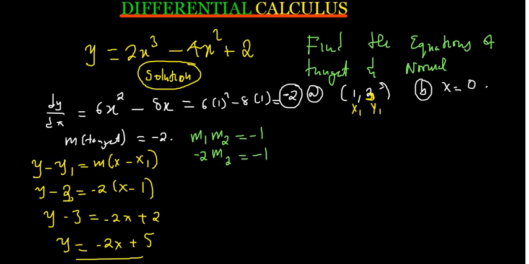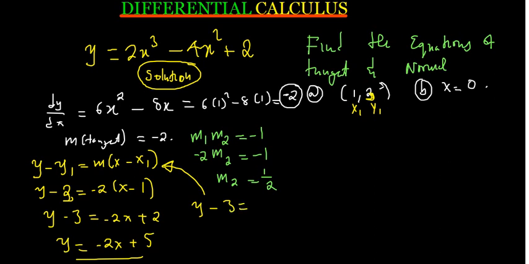Negative 1. So divide both sides by negative 2, so it will just remain with m2. So m2 is going to be equal to negative 1 over negative 2, which is just 1 over 2. So meaning that the equation, we will just use this same one which is here to find the equation. So that is y minus y1, you can still see is still 3.